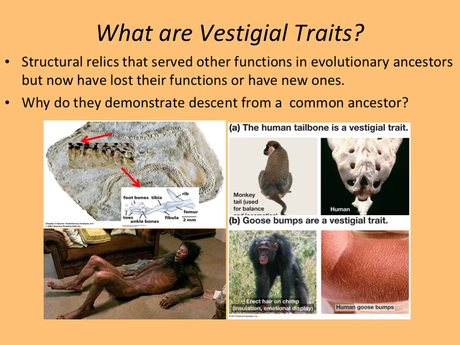Okay. Vestigial traits, we talked a little bit about this. As I mentioned earlier, I've always felt like something in my life was lacking. I didn't know what it was. I went to shrinks about it. What's going on? Why do I feel like there's a part of me missing? What part do you think that is?